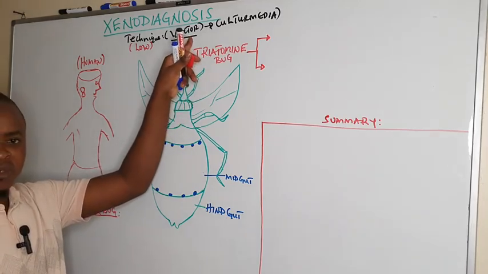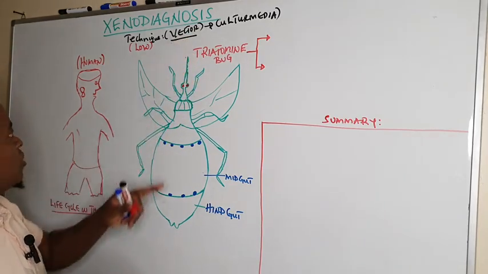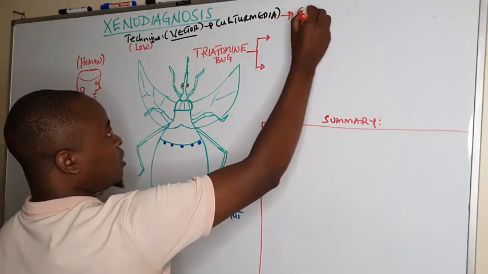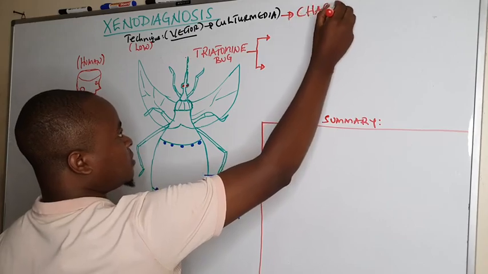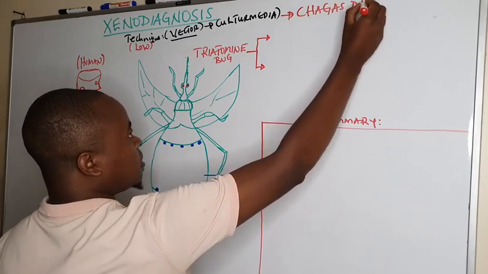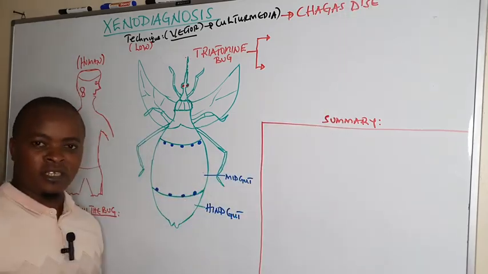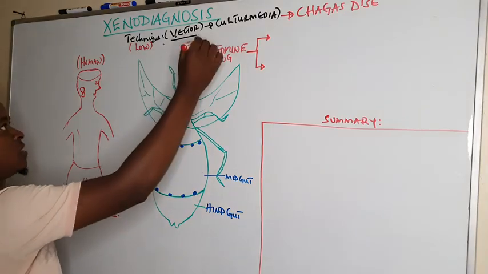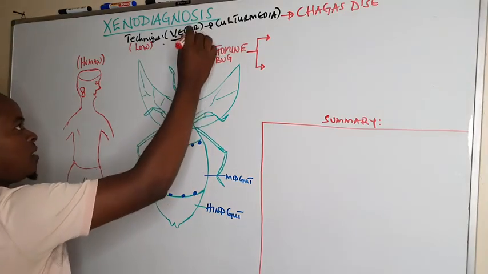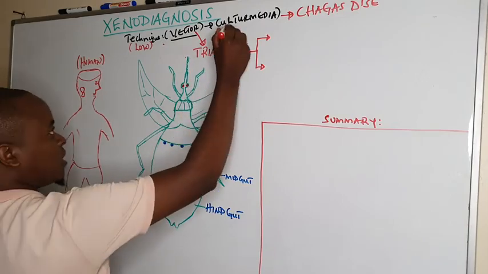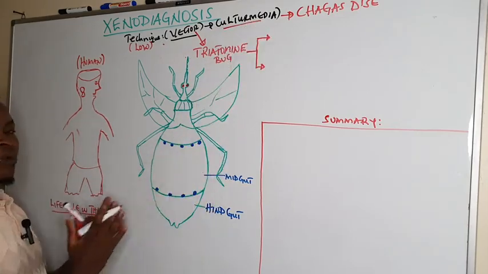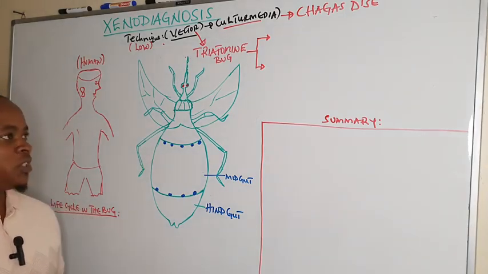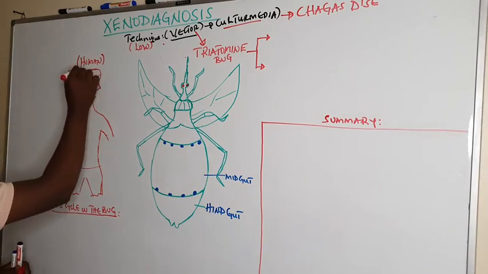The vector used in the diagnosis of Chagas disease, or American Trypanosomiasis, is the triatomine bug, and we use it as a culture medium to multiply these trypomastigotes, which are suspected to be in man.